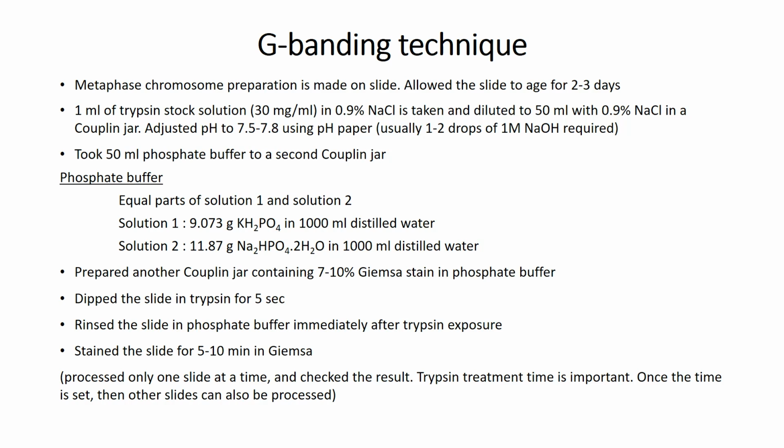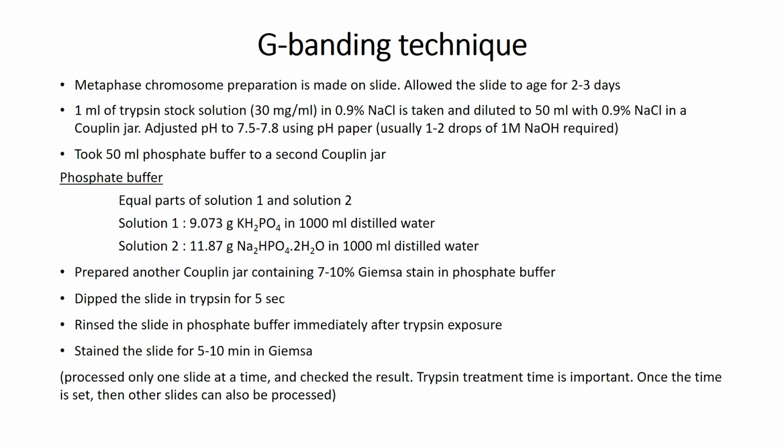So you have one coupling jar with 50 ml of trypsin solution. There has to be another coupling jar with a buffer, that is, phosphate buffer. This phosphate buffer is made from KH2PO4 solution and Na2HPO4 solution in such a way that the final pH is 7.5.